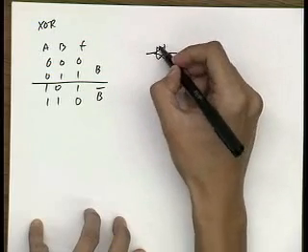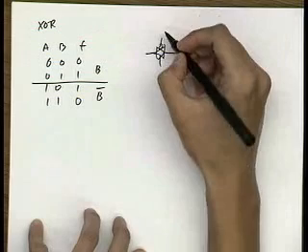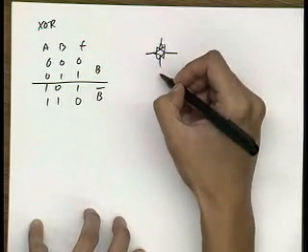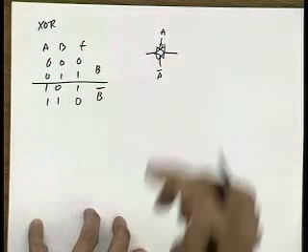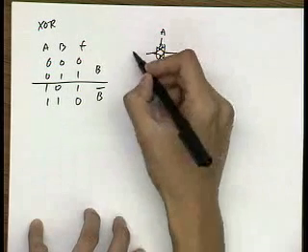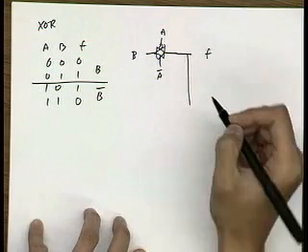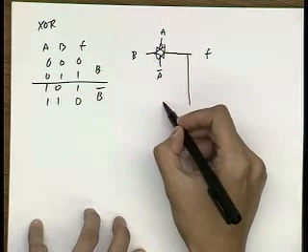This is the symbol for the transmission gate. If A is 0, this is A bar and this is A, and I want to pass B to the output.